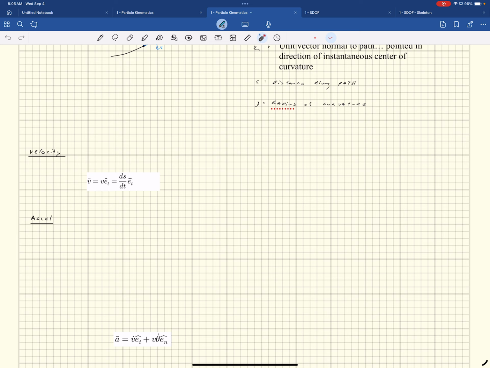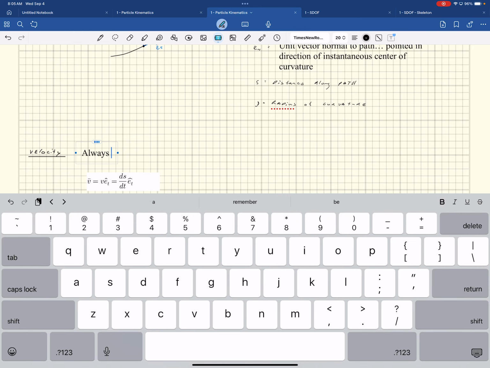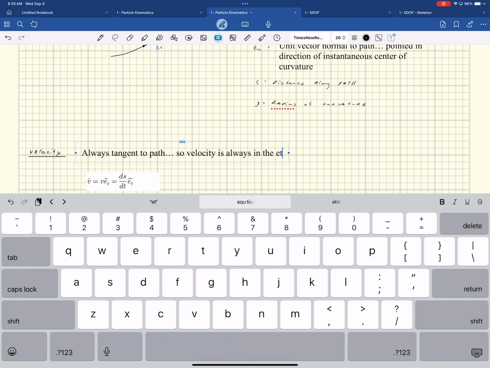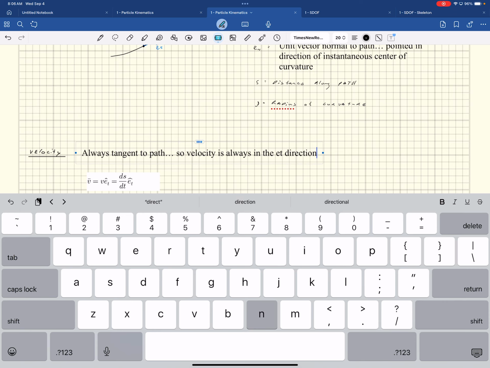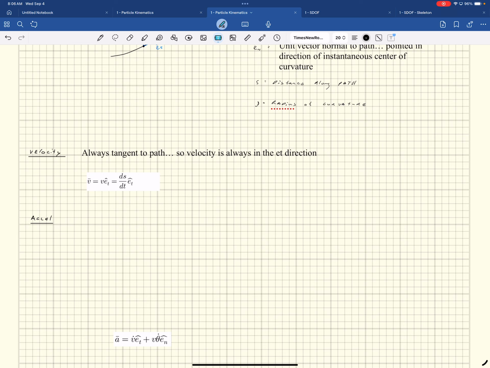Velocity is always tangent to the path. In this coordinate system, ET is tangent to the path, and so the velocity is always in the ET direction.